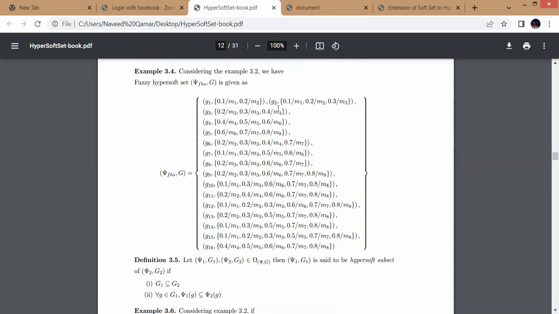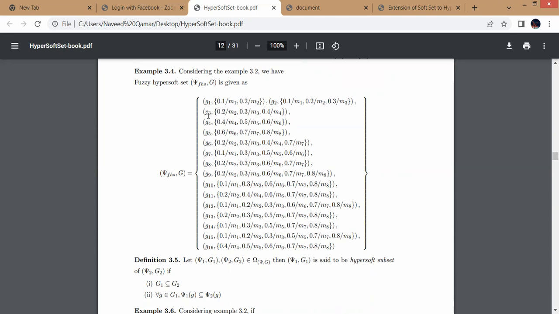After that, there is another hypersoft set which is G2, so here M1, M2 and M3, three mobiles, have G2 properties. Mobile 1 has 10% of these properties. Similarly, M2 mobile has 20% of these properties. M3 mobile has 30% of these properties.